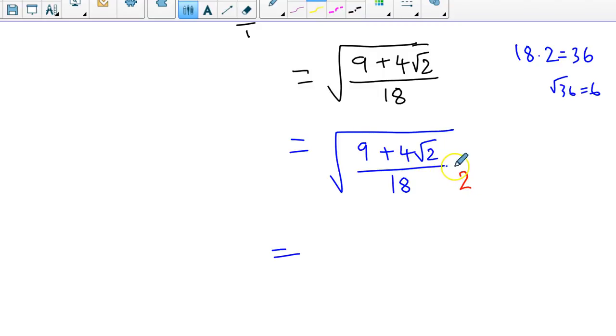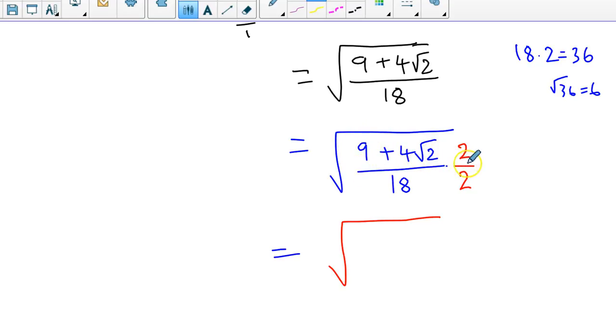And whatever you do to the denominator, you have to do the same thing to the numerator so that the value of the given expression will not change. We cannot change the value. Now, multiply these two numerators. So 2 times this whole expression.